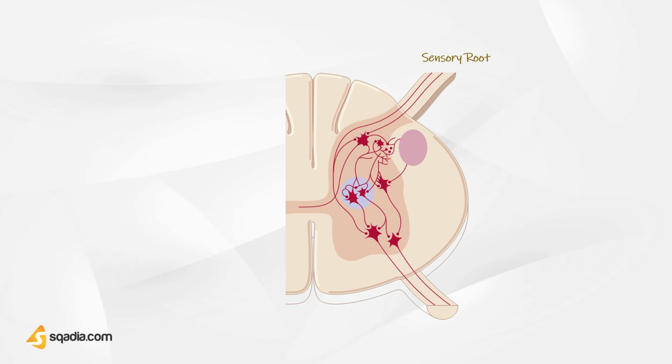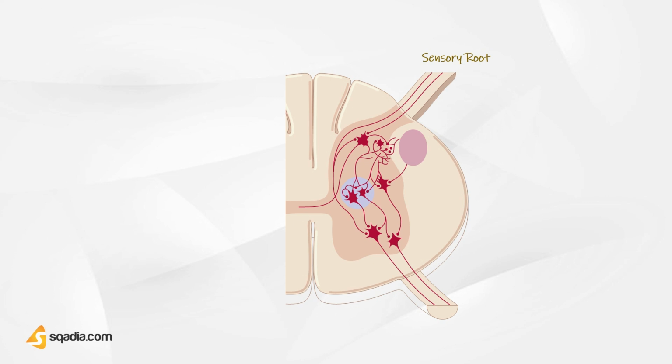One branch of the sensory nerve terminates almost immediately in the gray matter of the cord and elicits local segmental cord reflexes and other local effects. Another branch transmits signals to higher levels of the nervous system. That is, to higher levels in the cord, to the brainstem, or even to the cerebral cortex.